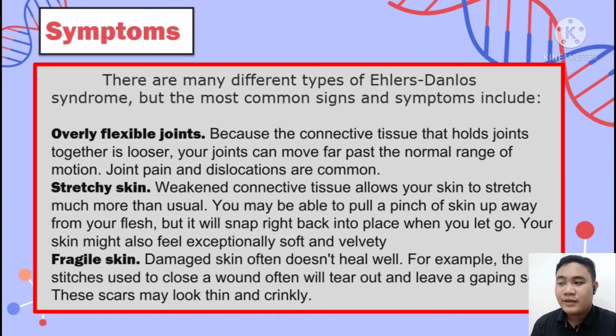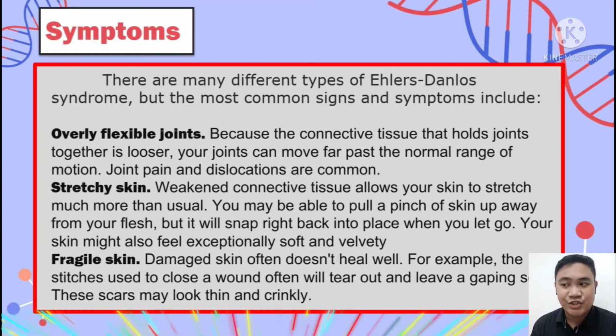Now, we also try to digest the symptoms of Ehlers-Danlos syndrome. There are different types, but the most common signs and symptoms include overly flexible joints. Because the connective tissue that holds joints together is looser, your joints can move far past the normal range of motion, so joint pain and dislocations are common.